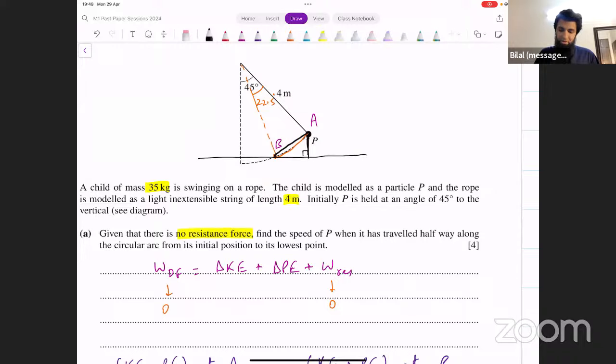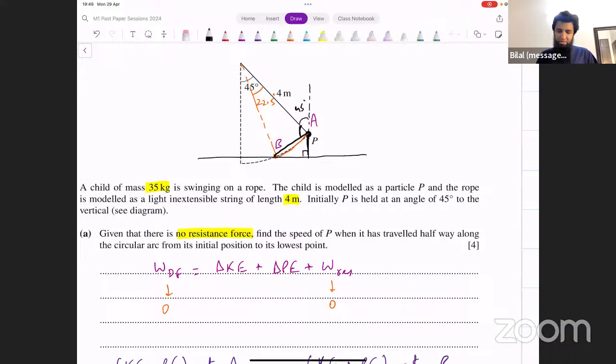That means that complete angle is 45. In fact, if that complete angle is 45, that means this angle would be 45, and we could actually find this angle here as well.